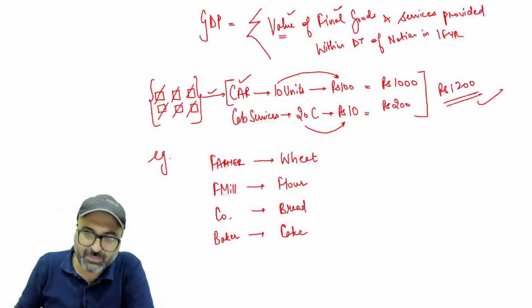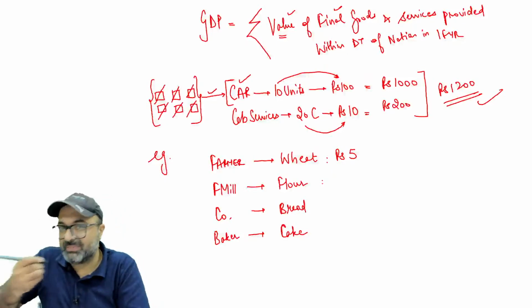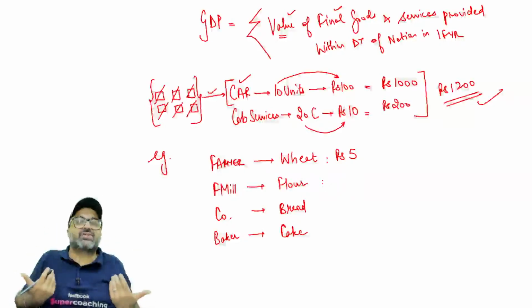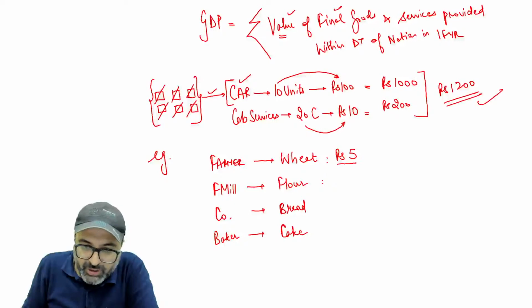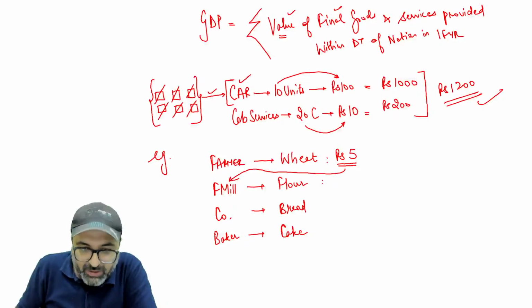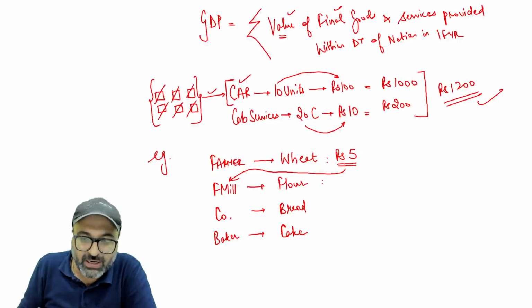Okay. Now let's suppose the price of wheat is 5 rupees. This 5 rupees wheat is purchased by the consumer, by you and me. No. We are not consuming it. I'm taking an example. The entire wheat which was produced in the country was purchased by the flour mill owner, and he's not finally consuming it. Rather, he's converting it into flour, and the price of the flour in the market is 10.